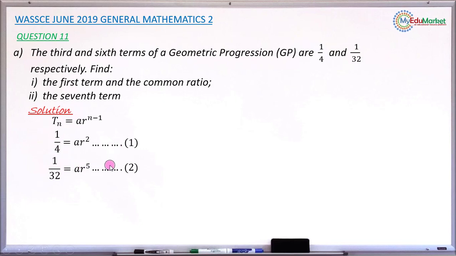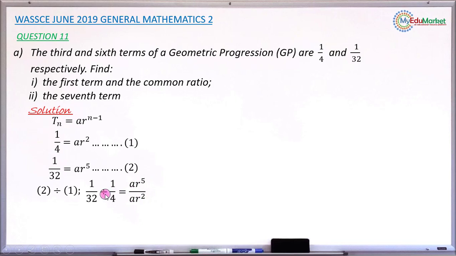Dividing equation 2 by equation 1 means dividing the right hand side of equation 2 by the right hand side of equation 1, and the left hand side of equation 2 by the left hand side of equation 1. You now have 1/32 divided by 1/4 equals ar raised to the power of 5 divided by ar raised to the power of 2.